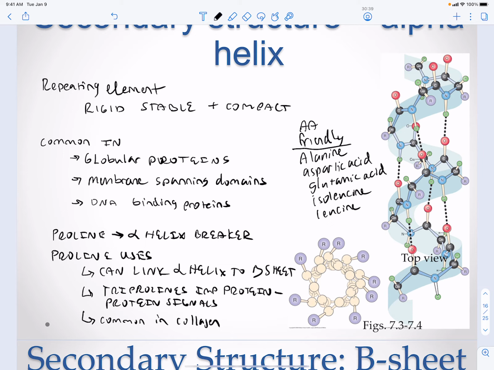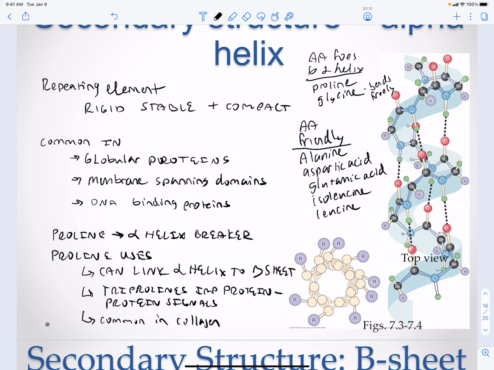And then we have amino acids that are foes to an alpha helix, and these are going to be proline and glycine. Glycine bends too freely, and glycine will deform the alpha helix. So it's not rigid enough. So you have proline, which is too rigid, and then you have glycine, which isn't rigid enough. And both of those are going to be excluded from alpha helixes.